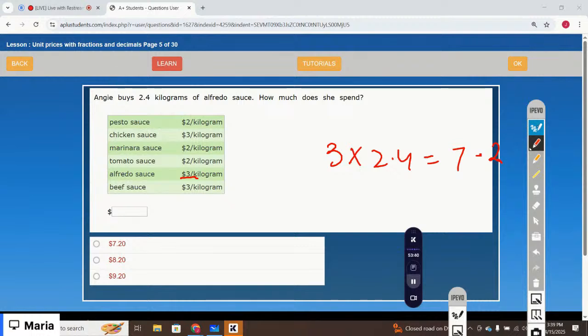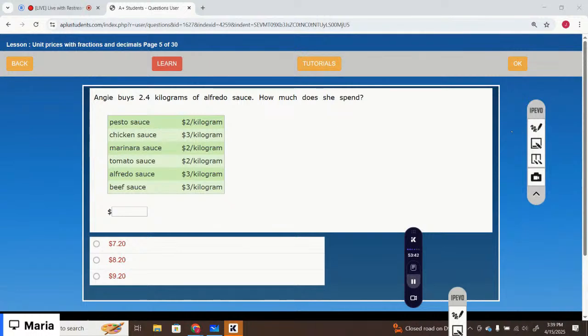Option number 1 is the correct option. That is $7.20.